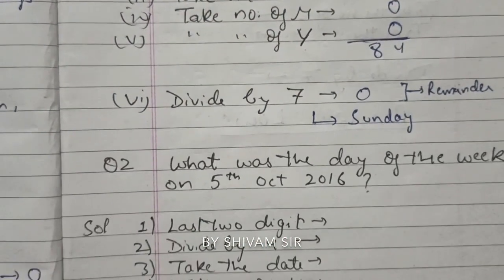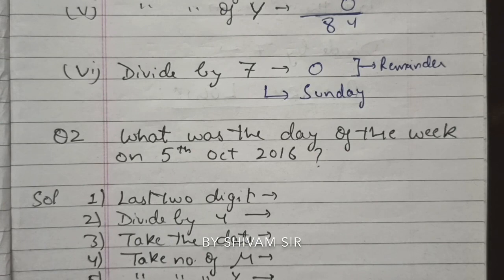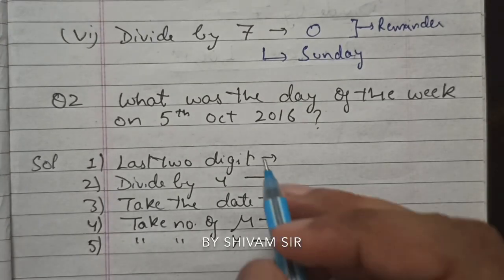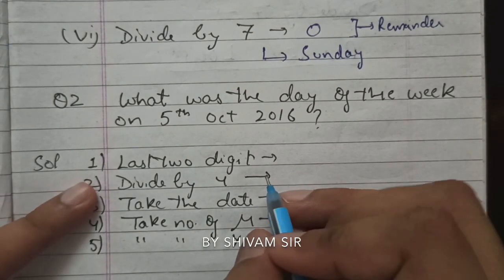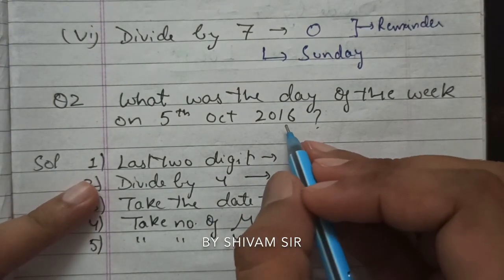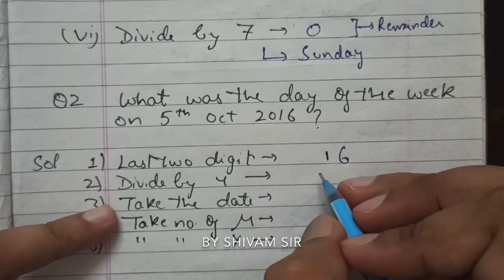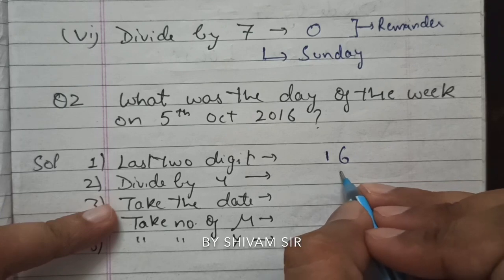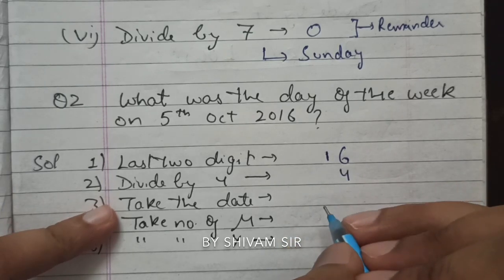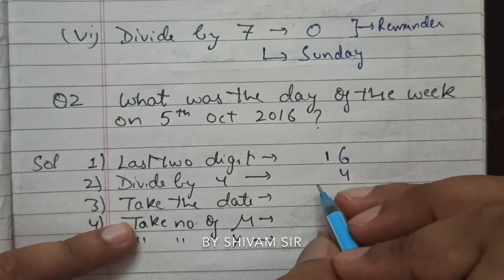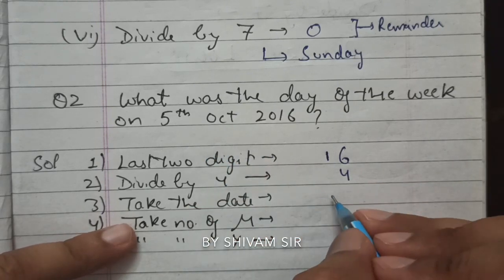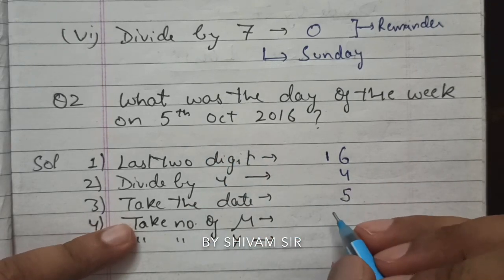Let's move on to the next problem. What was the day of the week on 5th of October 2016? The last two digits are 16, so write down 16 divided by 4. When 16 is divided by 4, the quotient is 4. Take the date. Now the date is 5th of October, so write down 5, right?